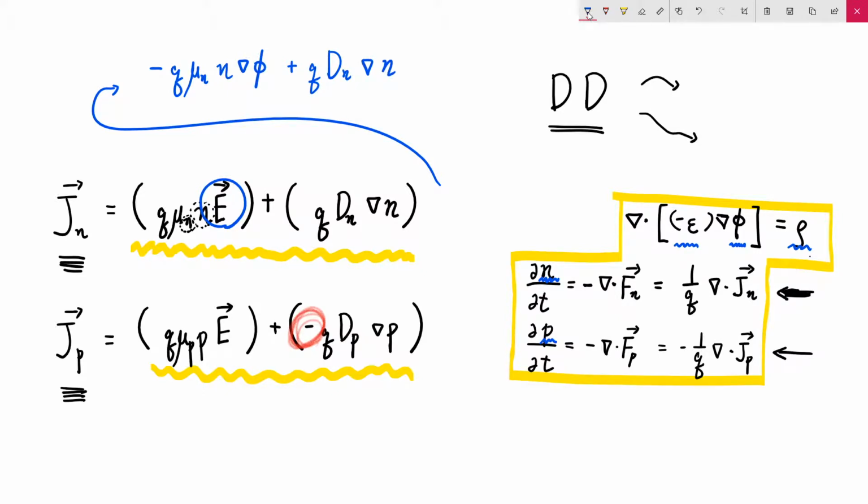Also in the case of hole current flux, we will have minus q mu p p gradient of phi minus q dp gradient of p. Yes, so please remember these forms. Do you have any question?